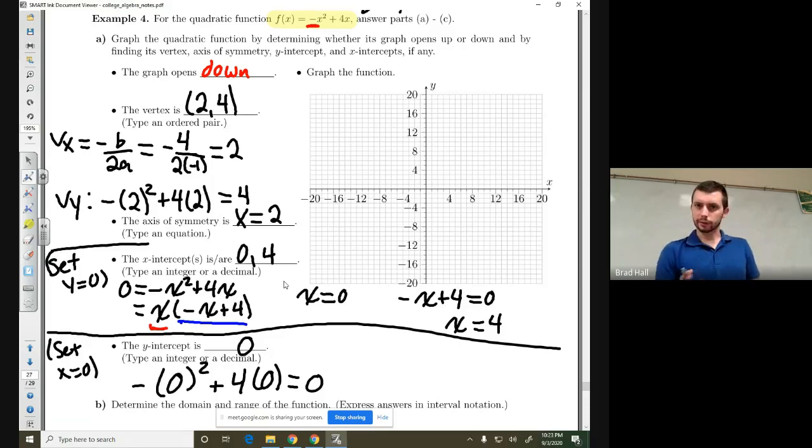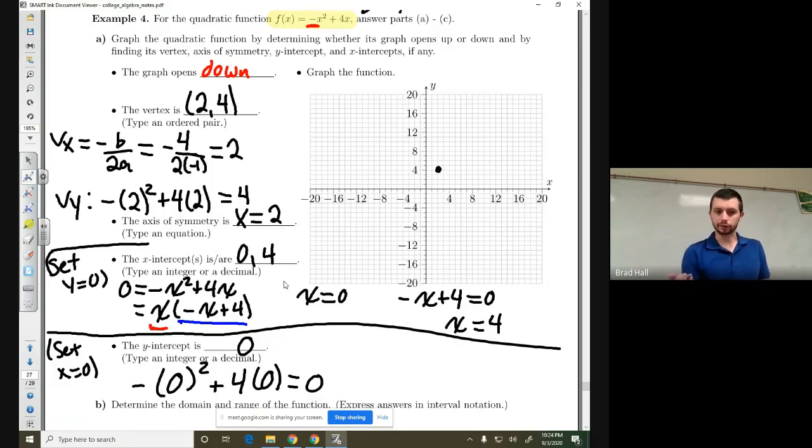So now with all of that information, we can go ahead and graph the function, starting with the vertex. The vertex we found to be 2, 4. And then remember, with these graphs, we need to just find any other point on the graph. So we have a few points.